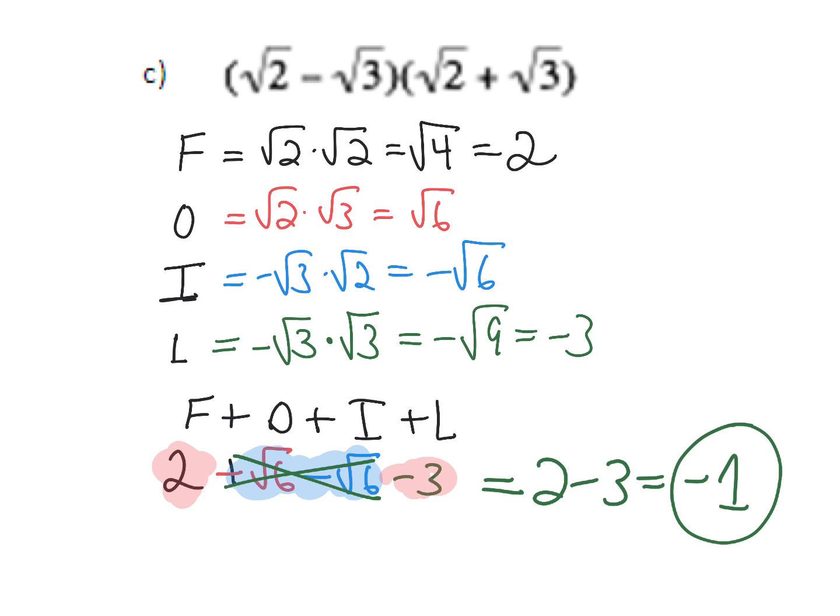Crazy. Actually equals a number. So we have an irrational times an irrational, giving us a rational number. It's pretty neat. Alrighty. Questions about that one?